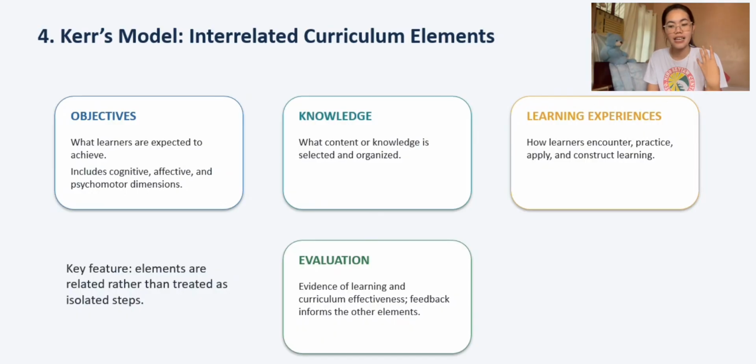The important idea is that these elements are connected. For example, our objectives should influence the knowledge we select, the learning experiences we provide, and the way we assess students. Therefore, curriculum development should not treat each element separately.